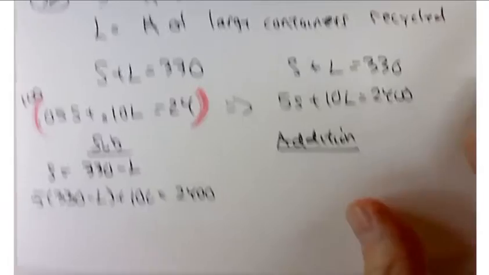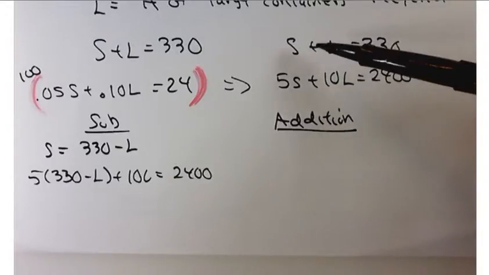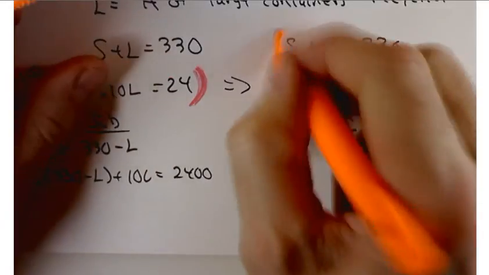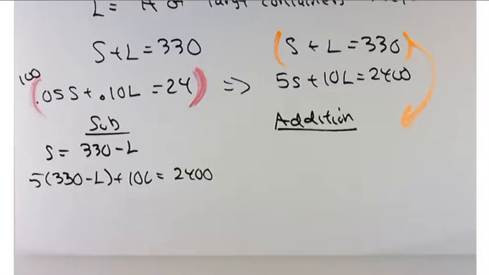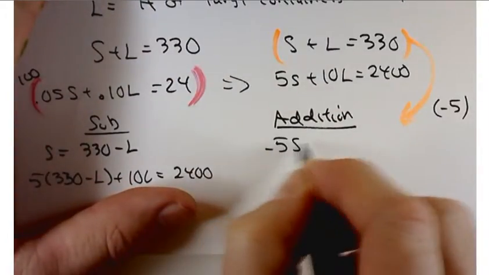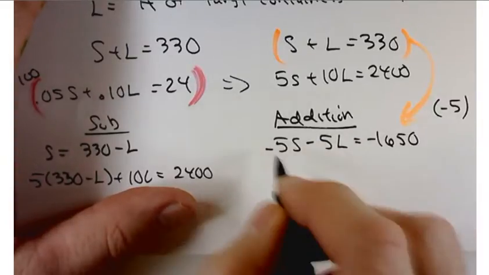If you were to solve it by the addition method, how would you do it there? Well, you need to get one of these variables to cancel out. So that means adding things together like 5 and -5, or 10 and -10. Personally, if I was doing this by the addition method, I'd multiply the top equation by -5 and get -5s minus 5l equals -1650.